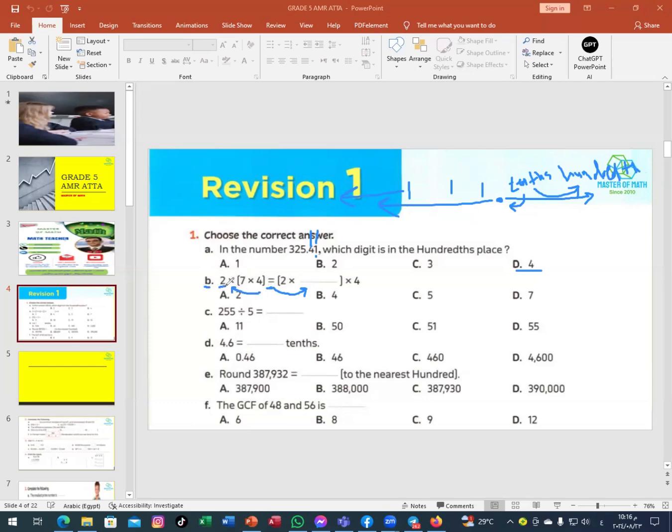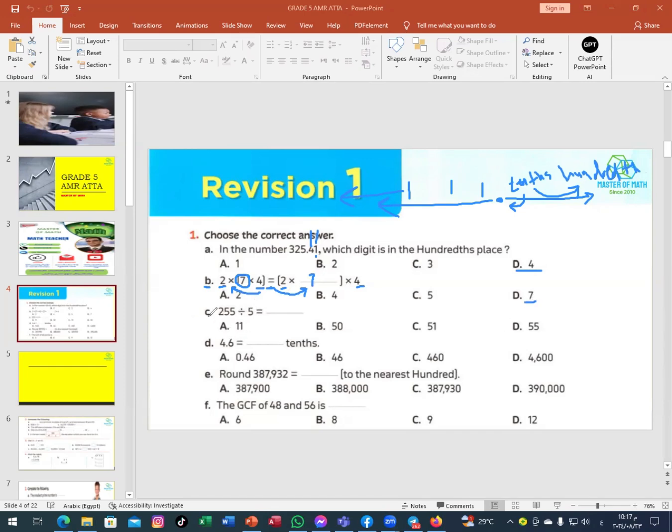I found 2 on the left of the equal sign and 2 on the right of the equal sign. Here is 4 and here 4. What's remaining, what isn't present here, is 7. So 2 is here and 4 is here, but 7 isn't here, so the answer is 7.